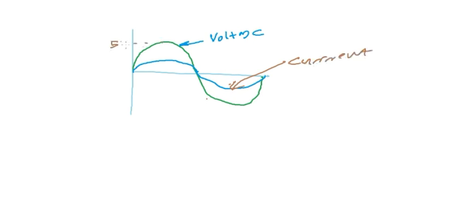Here this is not 1 volt, this is 1 ampere. We are using same coordinate system for representing two values. We are using same graph for representing voltage and current. That will be like this.